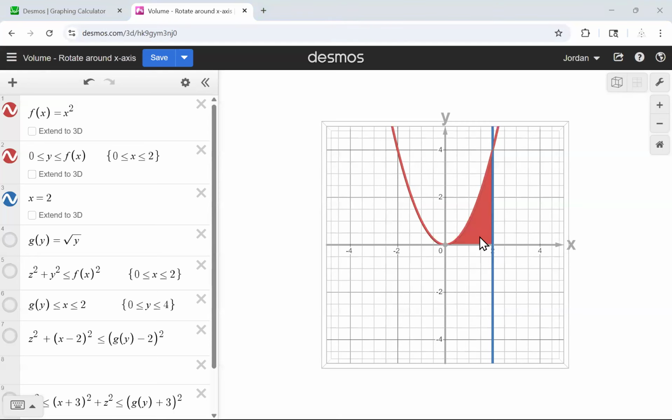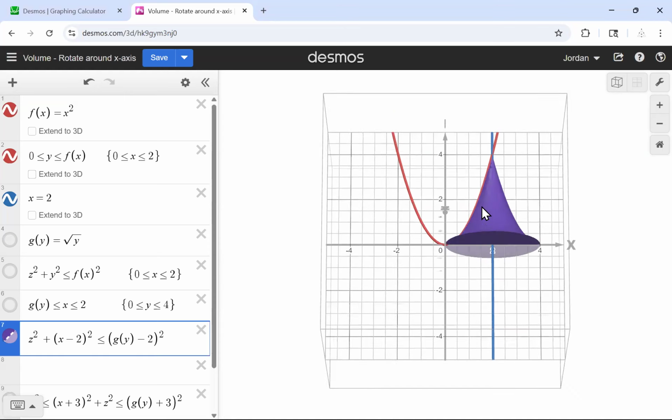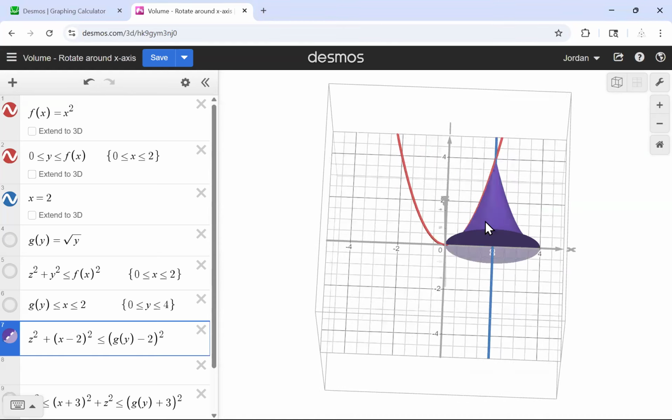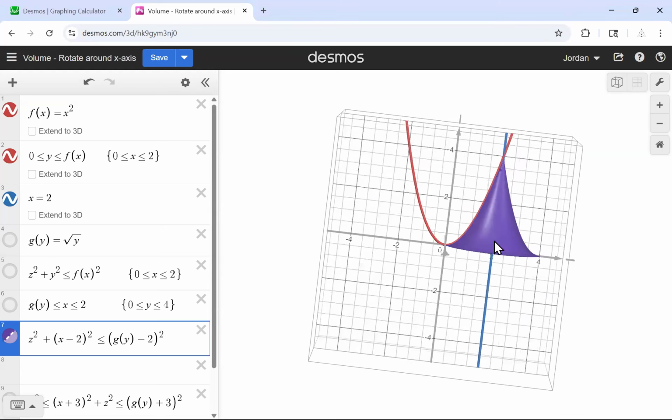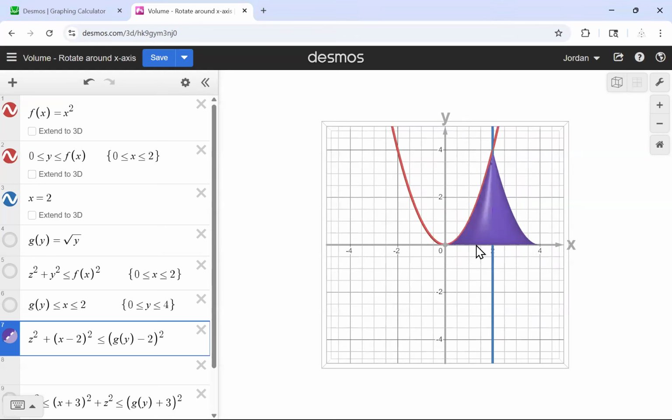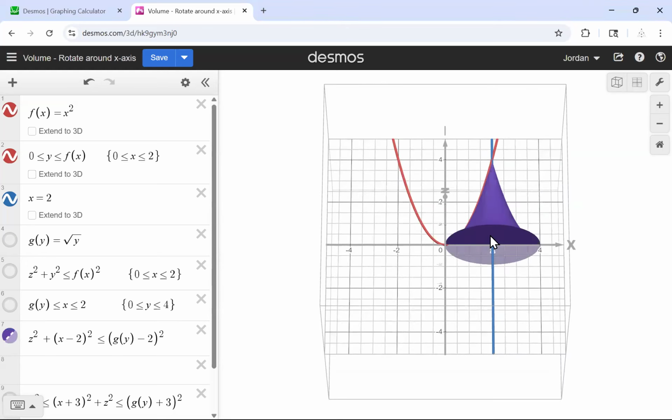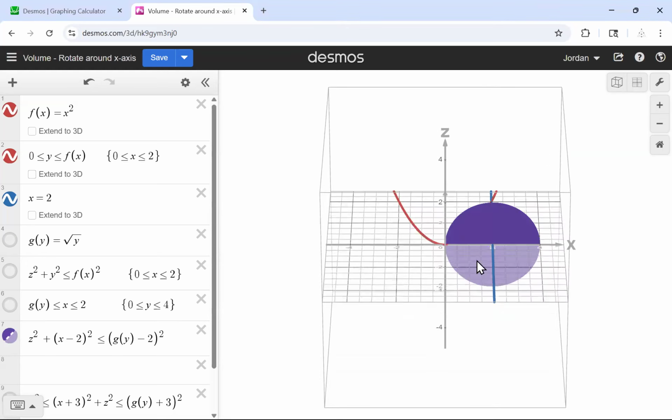So just one last thing. Obviously, we had this region here that we were rotating around the line x equals 2. And when we do that, this is what we just found. We found the volume of this thing. It kind of looks like a witch's hat or a wizard's hat shape, but obviously filled in. There's no holes in it.